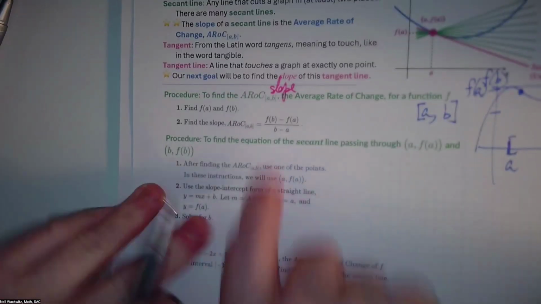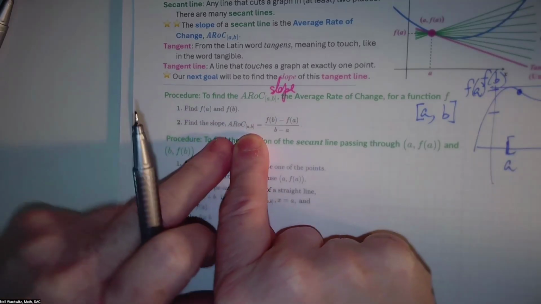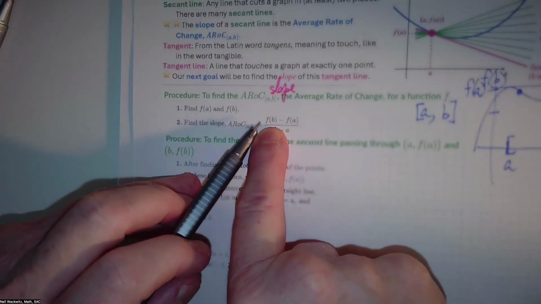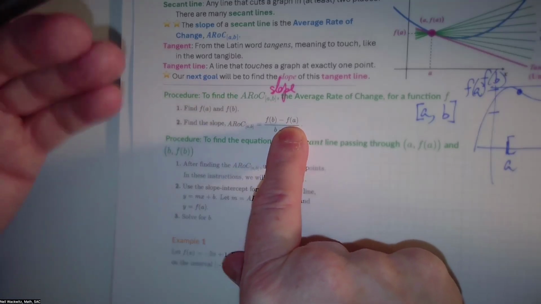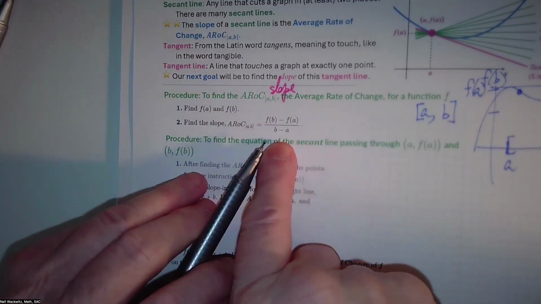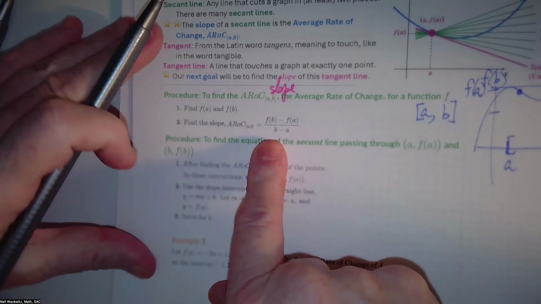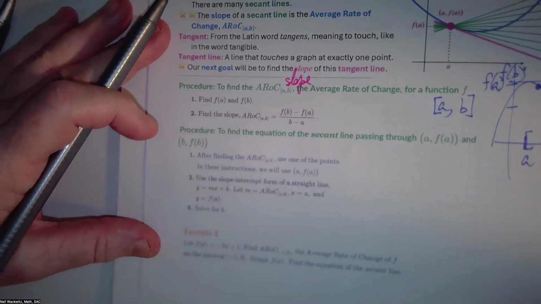To find the average rate of change on the interval a, b for the function f, we're going to find f of b minus f of a in the numerator. That's y2 minus y1. And in the denominator, b minus a. That's x2 minus x1. So this is a slope. And that's the first thing we're going to do.